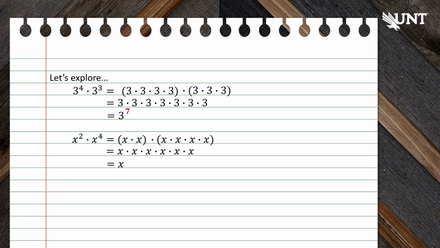Because x is repeated, that is the base. In this example, how many times is x multiplying itself? 6 times. Now, surely there has to be a quicker way to get from the original problem to the simplified answer. Take a moment now to pause the video and see if you can find a pattern.